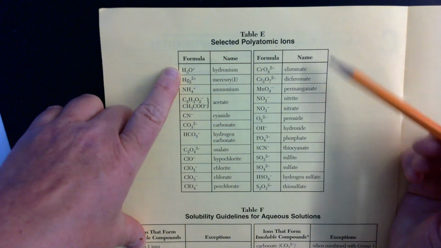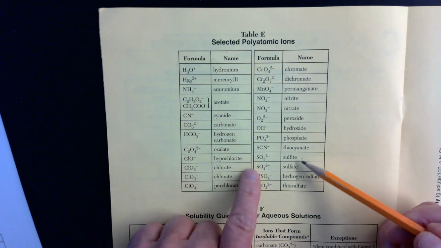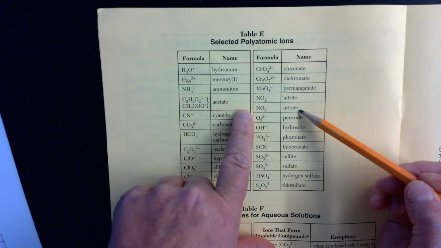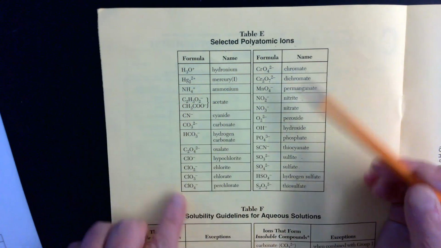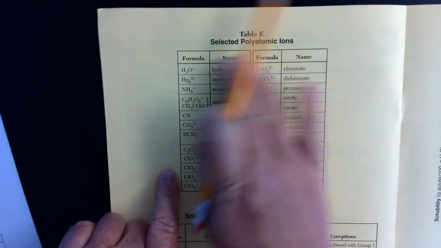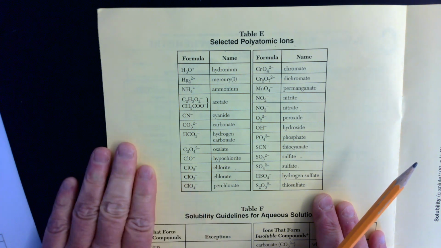And if you take a look here, we can see the sulfite and the sulfate. We can see the nitrite and the nitrate. And we can see the chlorate and the chlorite. So those are not ions you have to memorize. They are listed here in reference table E.